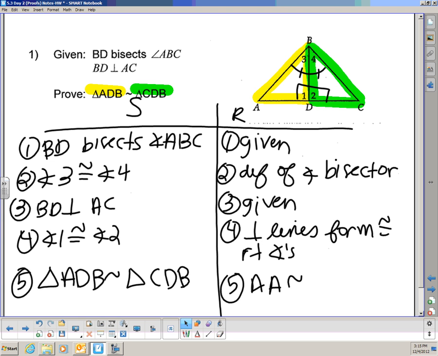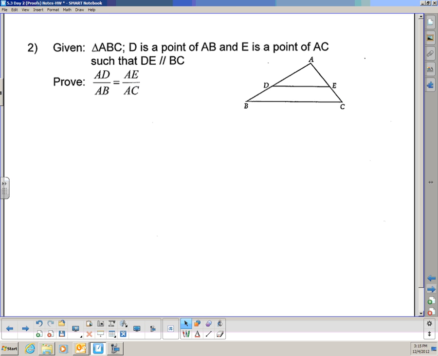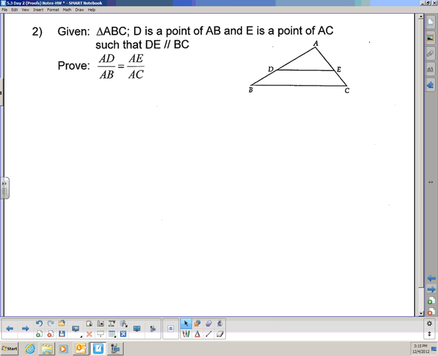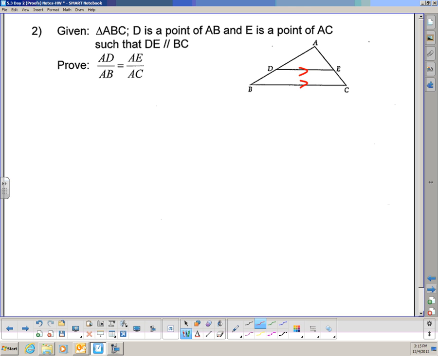Second proof. You've got this triangle ABC. You've got D being a point of AB and E being a point of AC, so that DE and BC are parallel to one another. They want you to prove that segment AD over segment AB is equal to segment AE over segment AC.